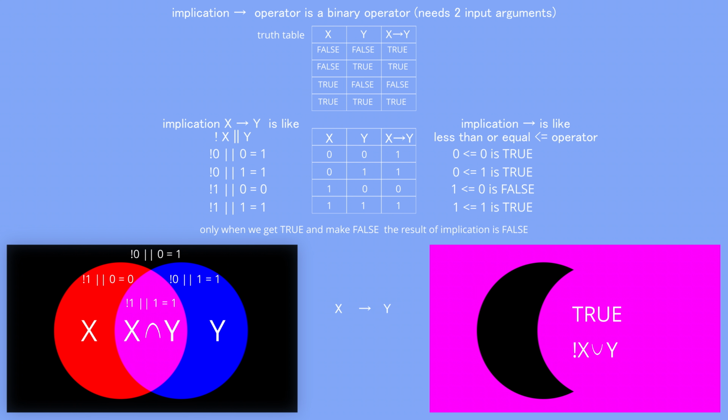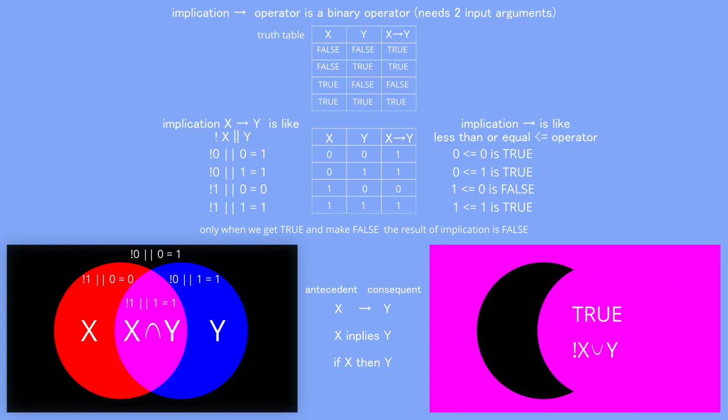X implies y can be interpreted as if x, then y. In this interpretation, the implication operator is also called the conditional operator. The left operand is antecedent, and the right operand is consequent.